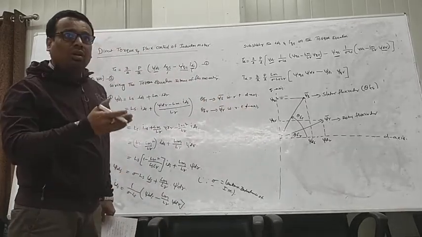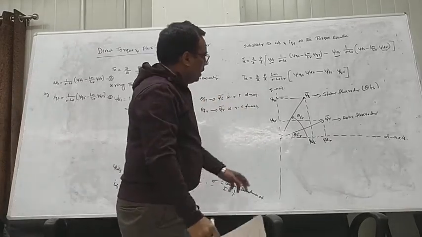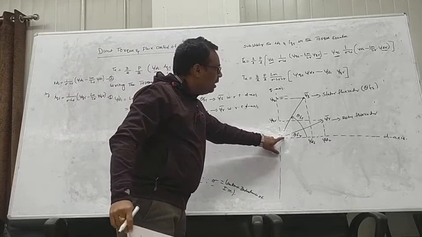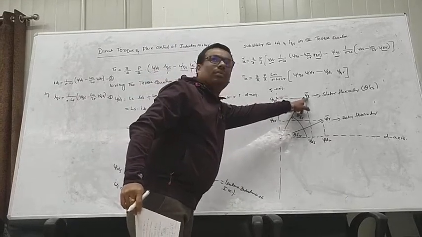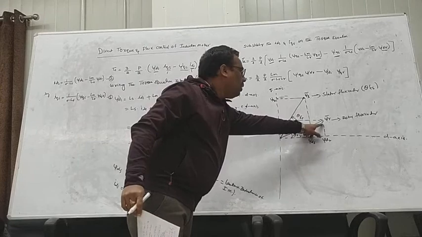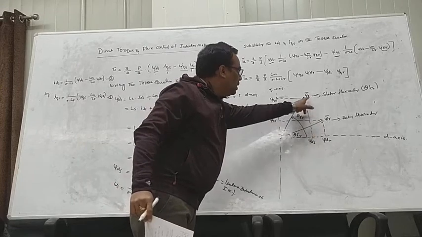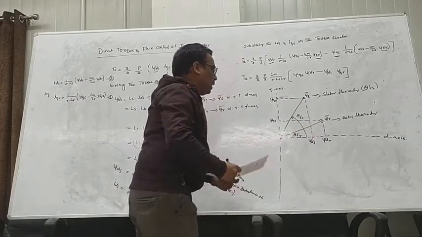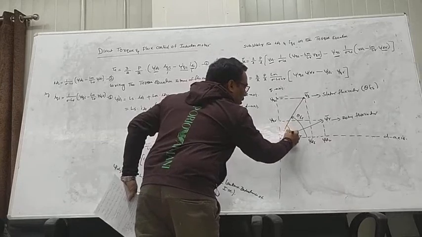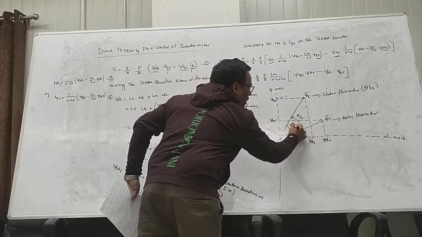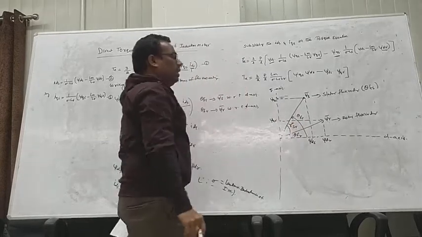And there is one more angle: the angle between the stator flux vector and the rotor flux vector. This angle is called gamma SR.